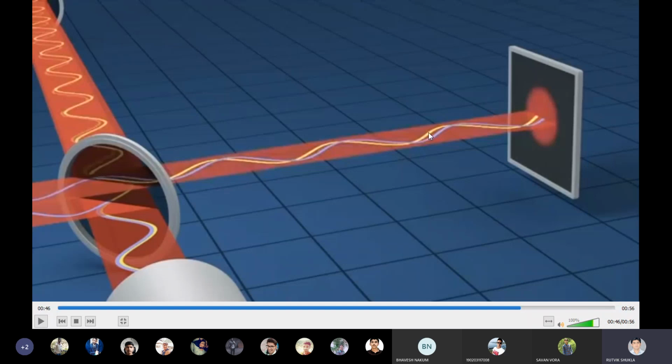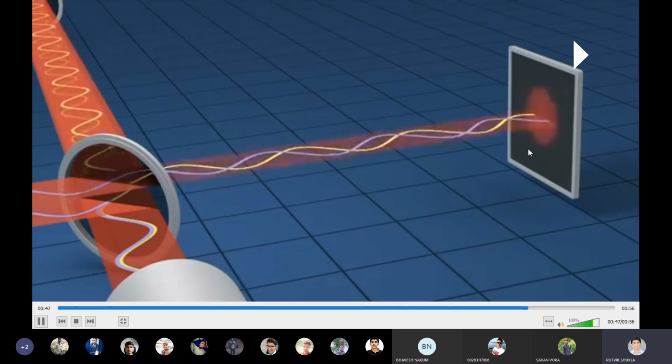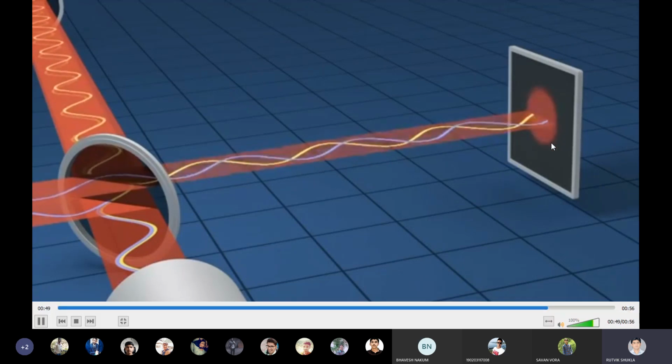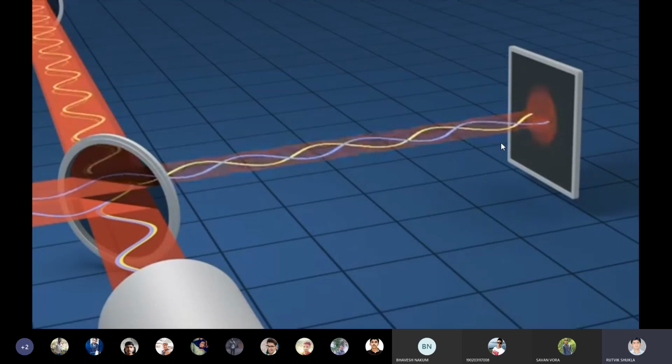And whenever they are constructive, something like this, you will get a visible light spot on the screen. This is destructive, constructive, destructive, constructive. And for something in between 180 and 0, they get a less bright spot. Between 0 and 1 there are many levels. It's like that only. Clear?